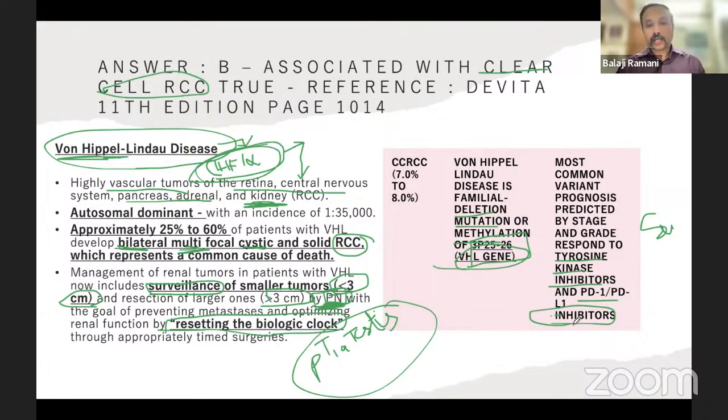Be it atezolizumab, avelumab, or pembrolizumab, any of the immunotherapy agents are used in urothelial tumors. Any kind of urothelial tumor can be dealt with by immunotherapy. The same way, RCC is also highly responsive, and nowadays we use a lot of immunotherapy even in RCC.